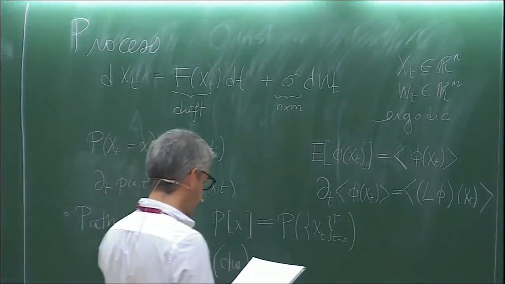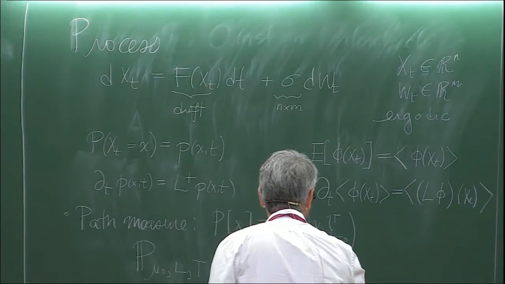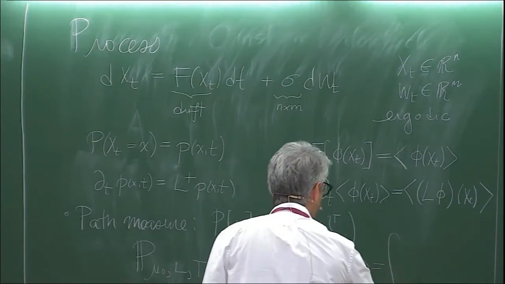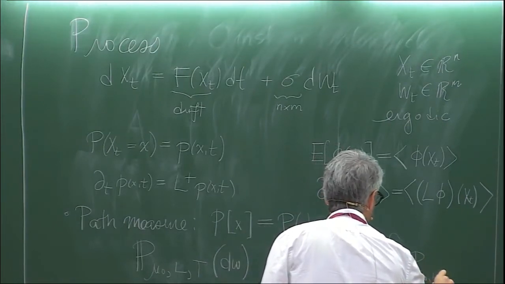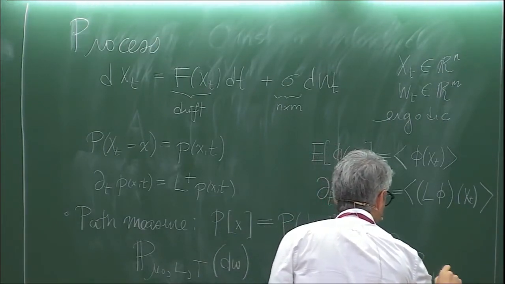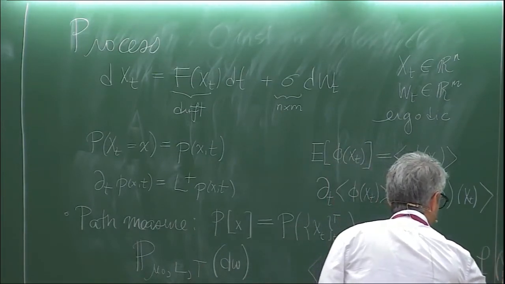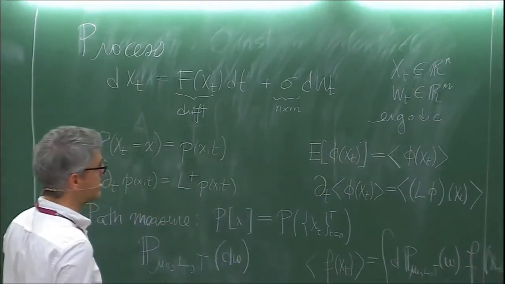So for instance, if I want to write an expectation of the form f of x_t, mathematically I can write that this is an integral over all the paths of my path measure here, and it's the f of x_t and then the element here. So mathematically you would write this.